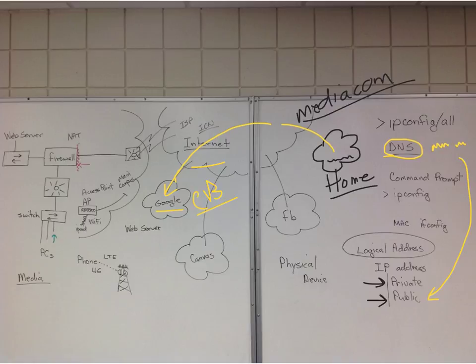Then it sees the request and then it sends the information back. So it uses its public address, but it's using my Mediacom address to get it to the internet. Once it gets to the Mediacom public address, they know it belongs to me, so they send it down to my house, and then my little device in the house converts it to my private address, and it goes to my PC or maybe my laptop.